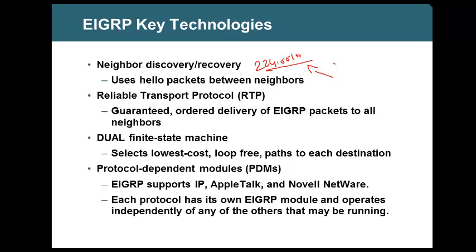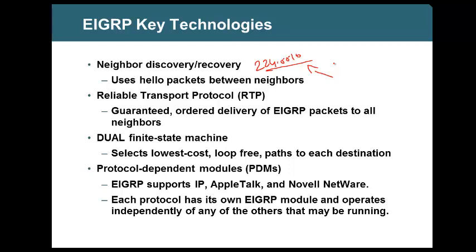So if there is any new router, it can learn the neighbor when the hello arrives. Likewise, when this router sends hello using the same address 224.0.0.10, that router can hear and learn. In short, it is the hello packet that helps to discover neighbors.